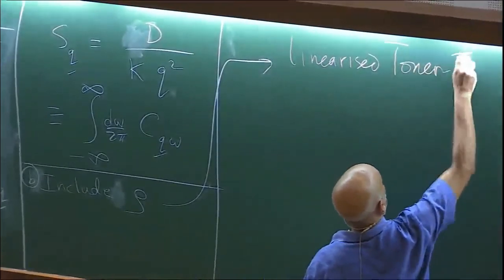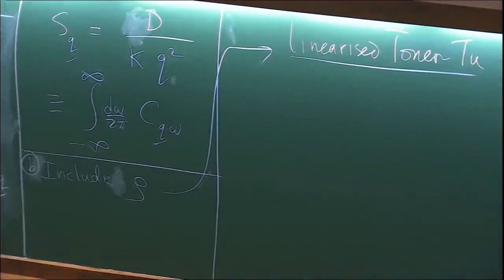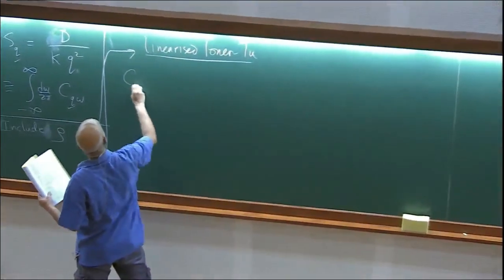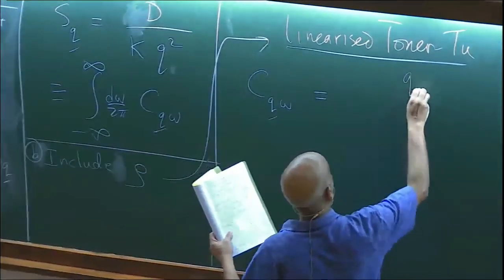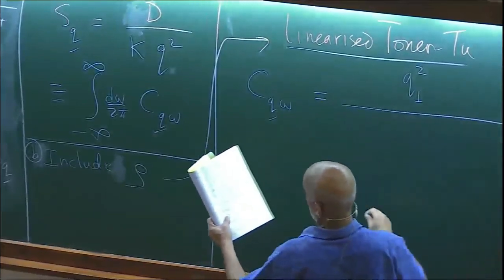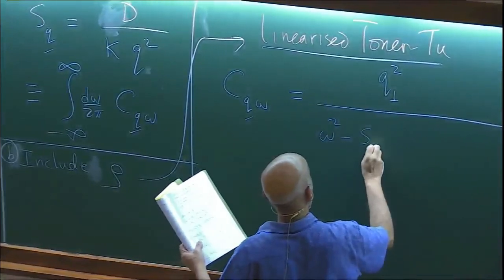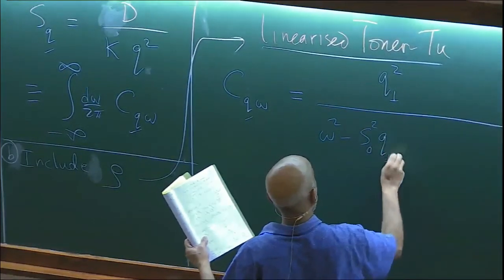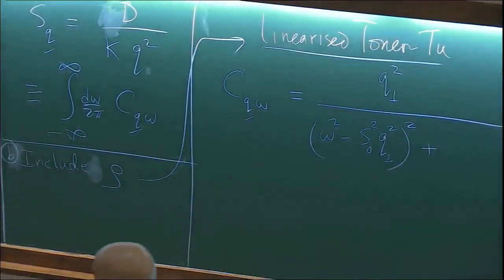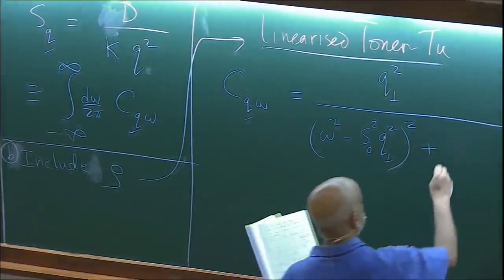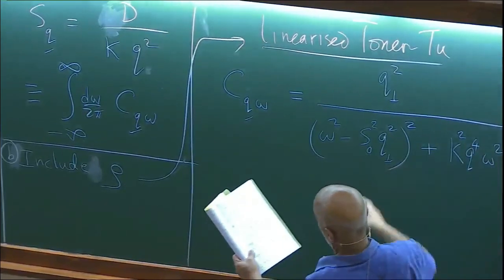And then I have to look up just to be consistent with my notation. Something like q perp squared over, looks awful, and there'll be some coefficient.